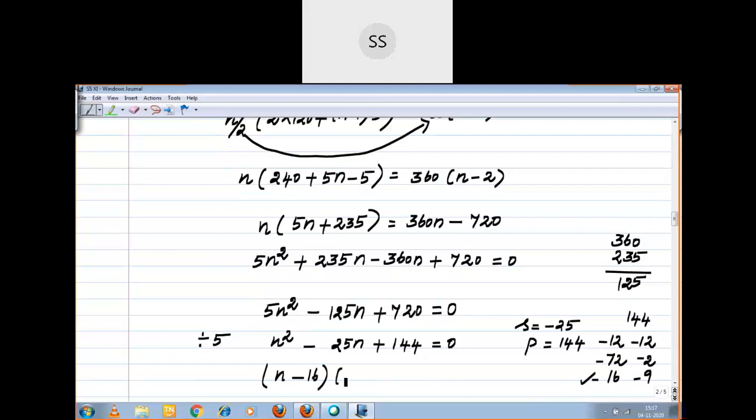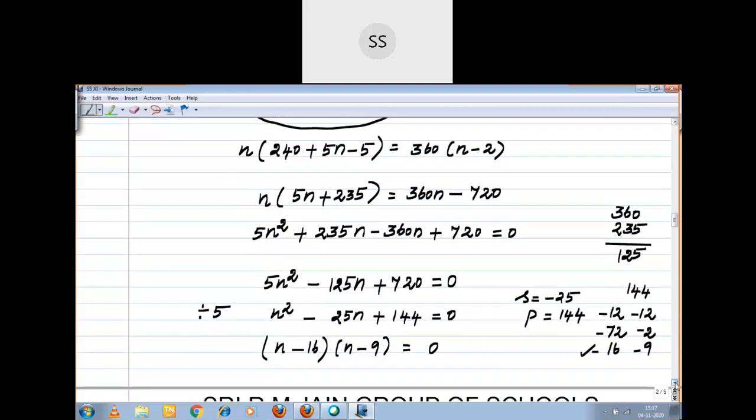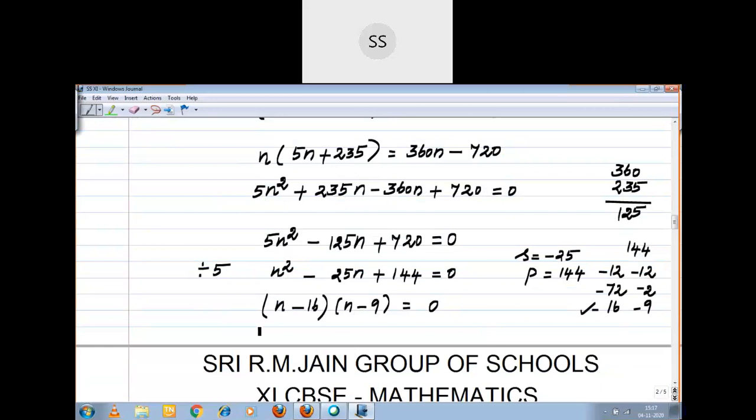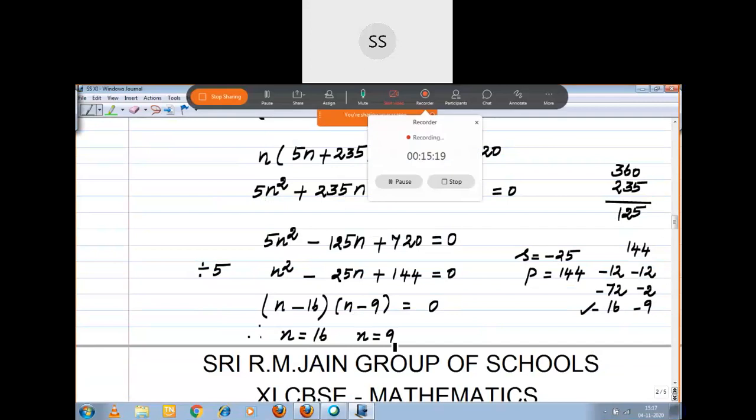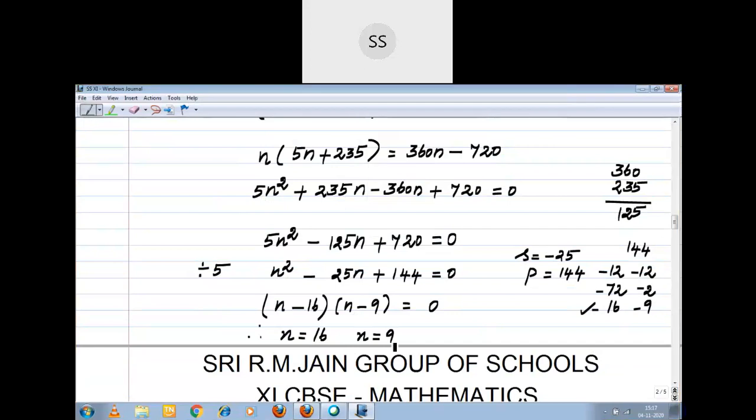Therefore, n minus 16, n minus 9 equal to 0. Therefore, n equal to 16, n equal to 9. Got it, children? n equal to 16 or n equal to 9.